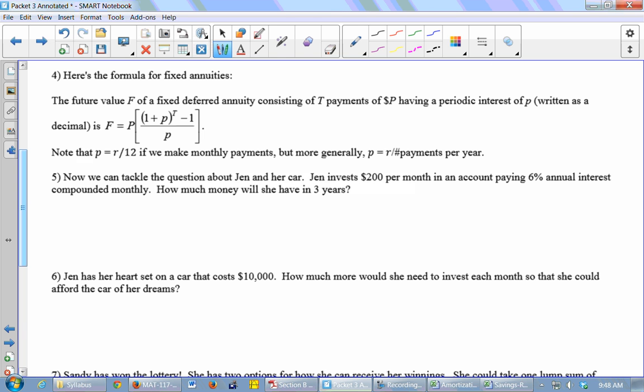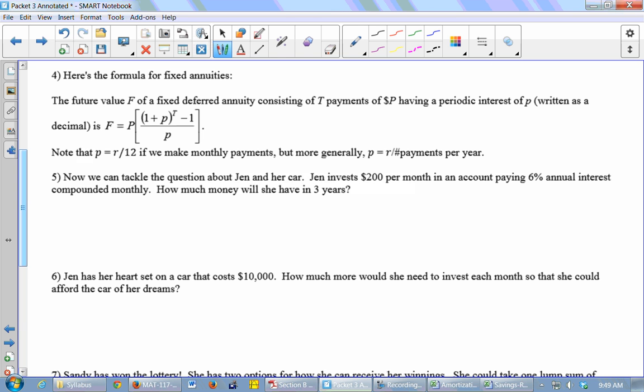Yep, that's a capital T. So T is your number of payments, P is the amount of each payment, and little p is your periodic interest rate, right? So that would be like your monthly interest rate. Usually little p is R divided by 12 if you make monthly payments. But more generally, p is your APR divided by the number of payments per year.